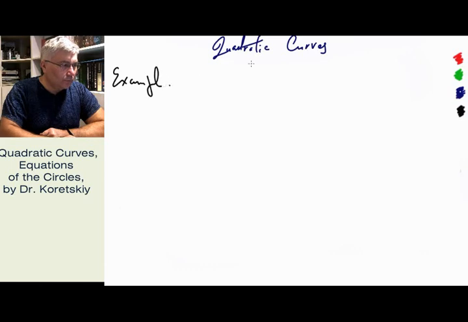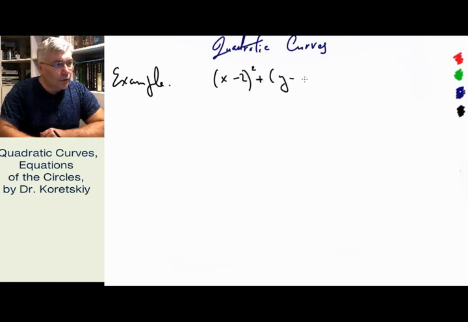Example. For example, you have x minus 2 squared plus y minus 3 squared equal 25.